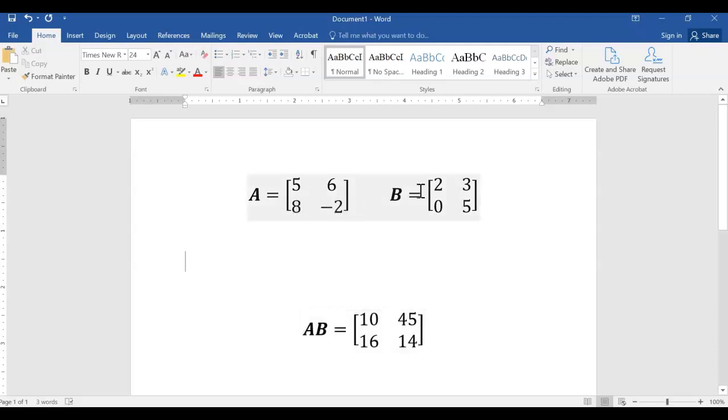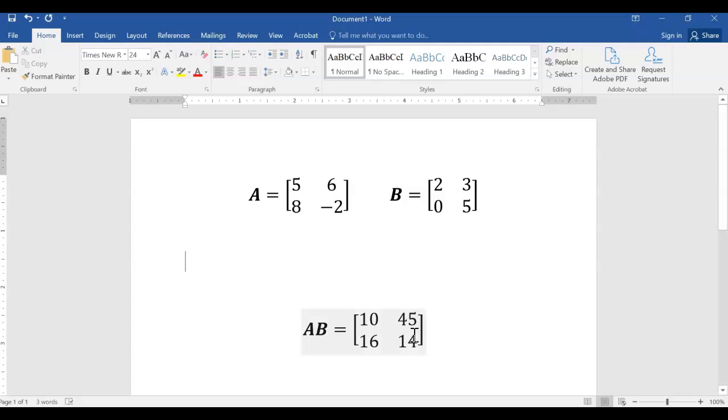8 and -2, we're going to multiply times column 1 over here. So 8 times 2 is 16, -2 times 0 is 0, so 16 is the entry there. And then 8, -2 times 3, 5. 8 times 3 is 24, minus 2 times 5, which is 10. 24 minus 10 is 14.